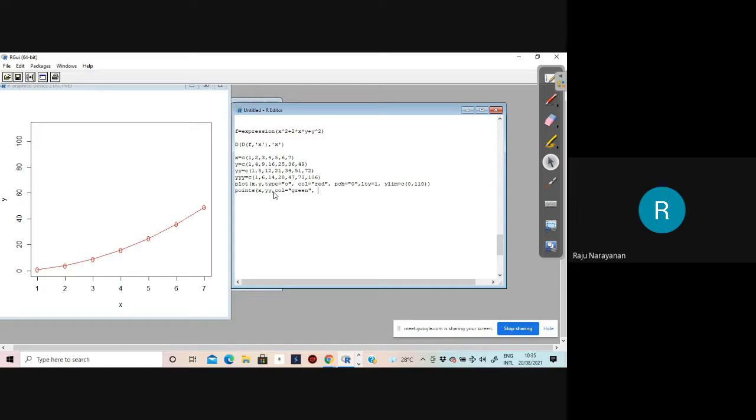Okay, nowadays even masks are coming with matching shirts and other things. Okay, and pch, what pch do you want? Let it be star. Okay, if you do these things, what will happen? You will get only points.